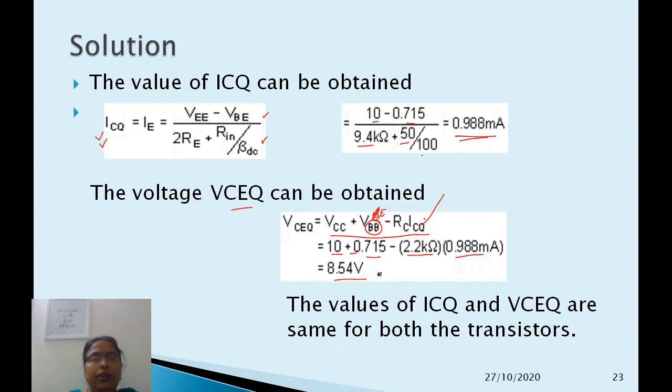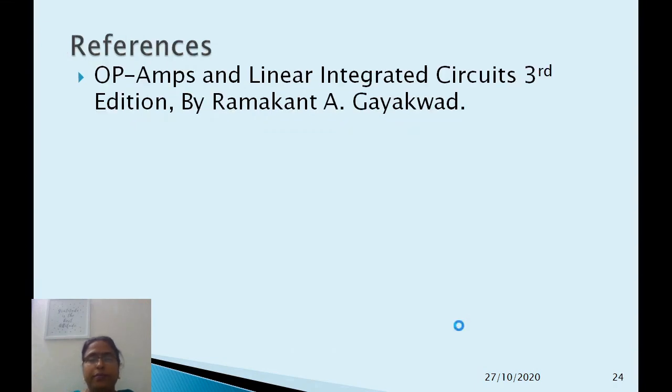So the operating points are ICQ equal to 0.988 milliampere and VCQ equal to 8.54 volt. The values of ICQ and VCQ are the same for both the transistors, as we have already discussed in the DC analysis of the amplifier.